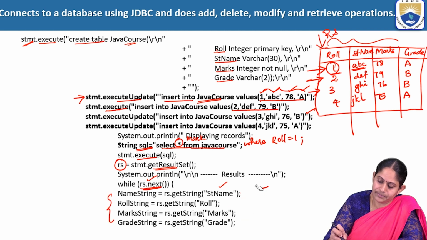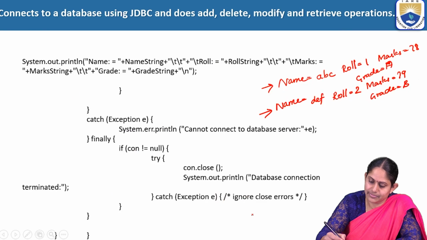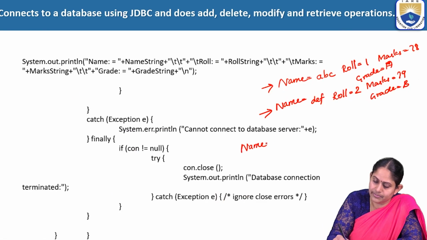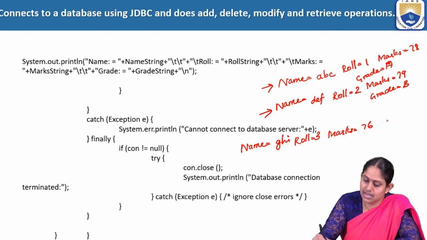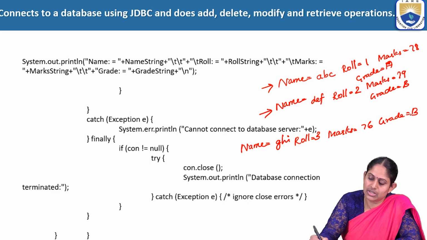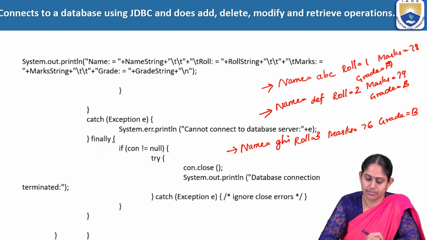So in the third case, name string will be GHI, roll string will be 3, marks will be 76 and grade will be B. So we get in the third case name equal to GHI, roll equal to 3, marks equal to 76 and grade equal to B. So this statement also will come into the output.